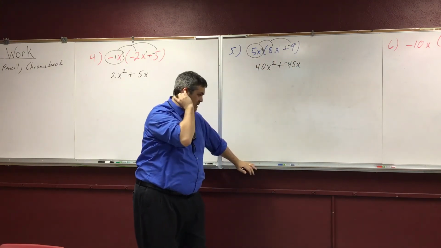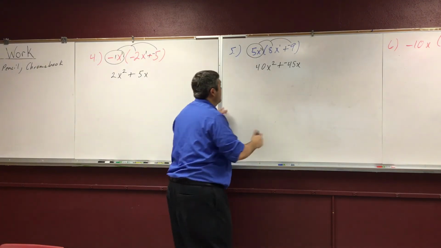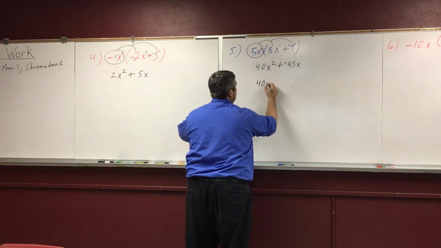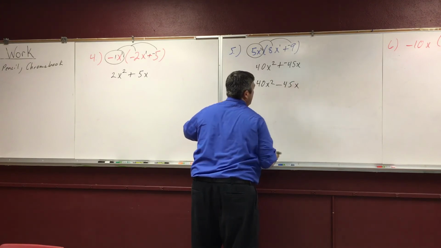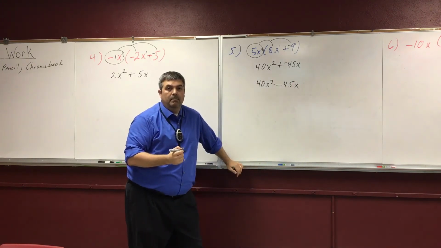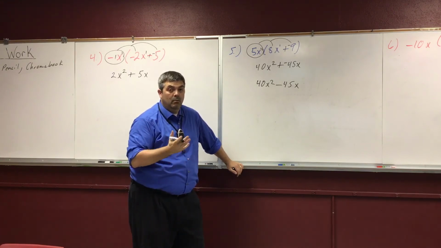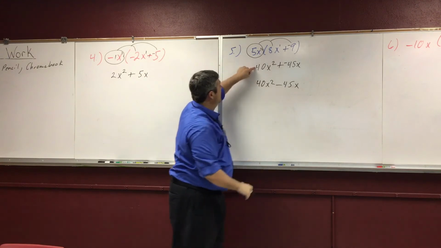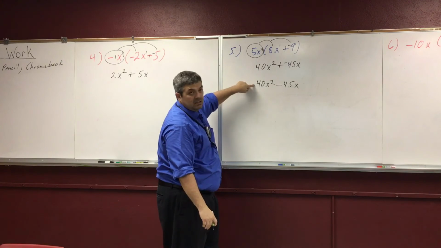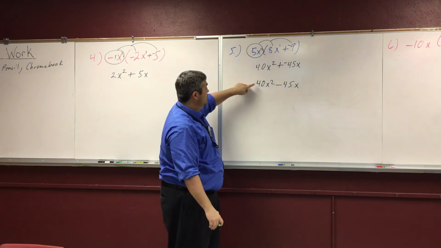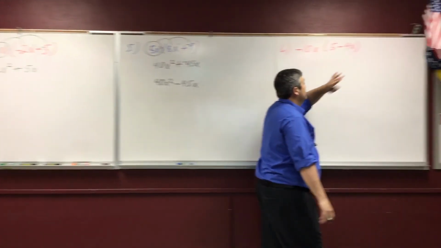Now, there's another way that we could write this, and I should have shown it to you there. I can also write this like this. That's the same thing. That's that sign rule that you got to pay attention to. Those are the same thing. Watch them, because sometimes they're going to give you this answer, sometimes they're going to give you this answer. A lot of times it's going to be this one. But understand that you can turn this into this and know what's going on. Pay attention.